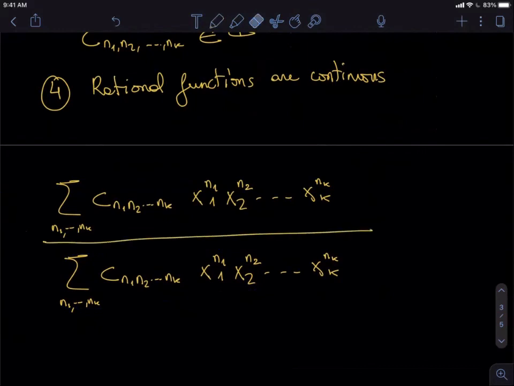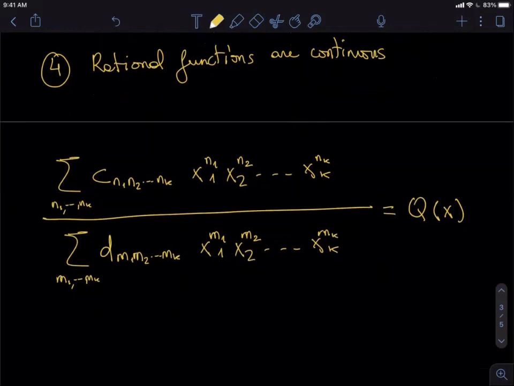Here, different coefficients, of course, or the same, and different exponents. So this would be a rational function q of x, for example. And this one is continuous too.